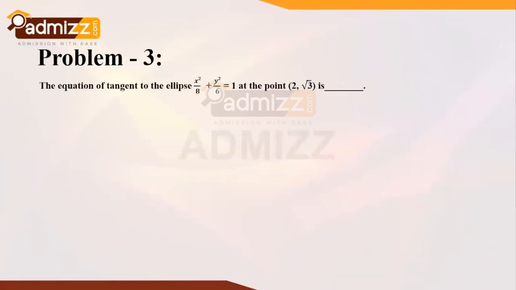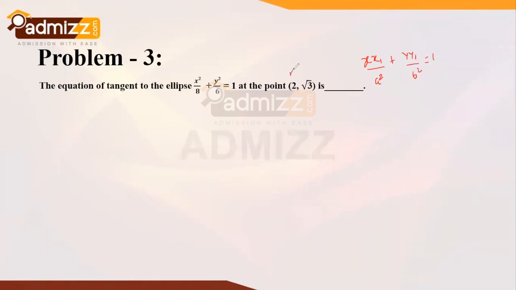The equation of tangent to the ellipse x square upon 8 plus y square upon 6 equals 1 at the point 2 comma root 3 is what? Now it is very easy. In case of finding the equation of tangent to the given ellipse, the process is very simple. The equation which we are utilizing is x x1 upon a square plus y y1 upon b square equals 1.